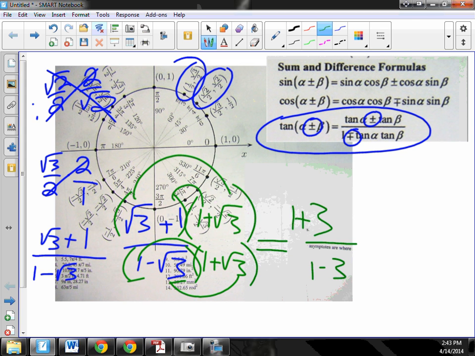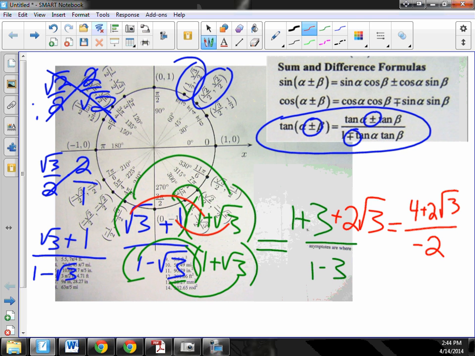And then we have 2 versions of this, which is going to be 2 root 3. Now this is kind of nice because does root 3 simplify? No. So this gives me 4 plus 2 root 3 over negative 2, which is exactly half of what we had before.